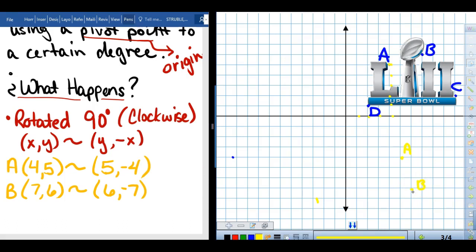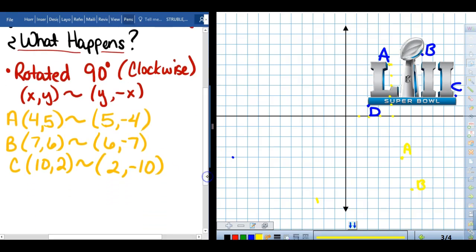Right, and we would go on like this, so on and so forth. C is 10, 2. So its new coordinates are going to be 2, -10.